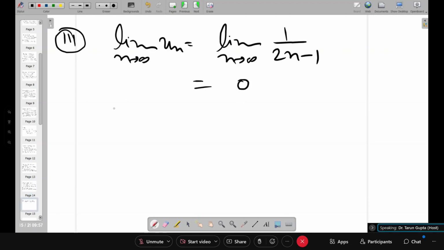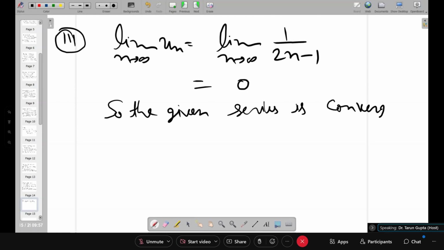So all the criteria of the Leibniz test are fulfilled. So the given series is convergent. Okay, the given series is convergent.